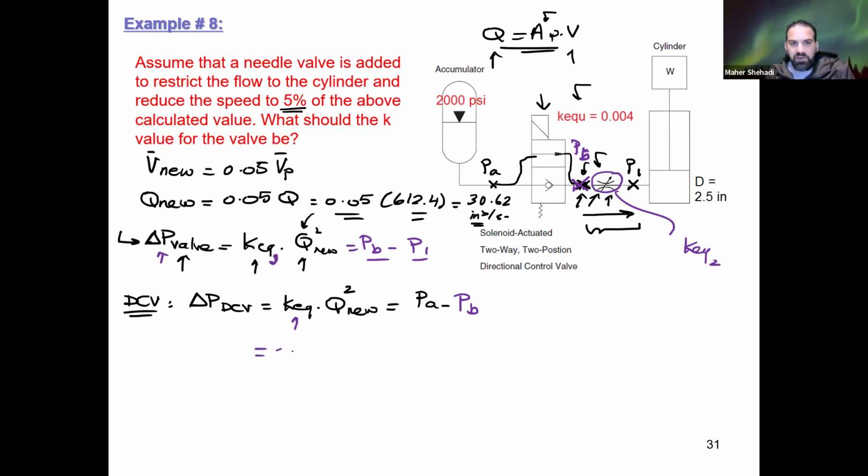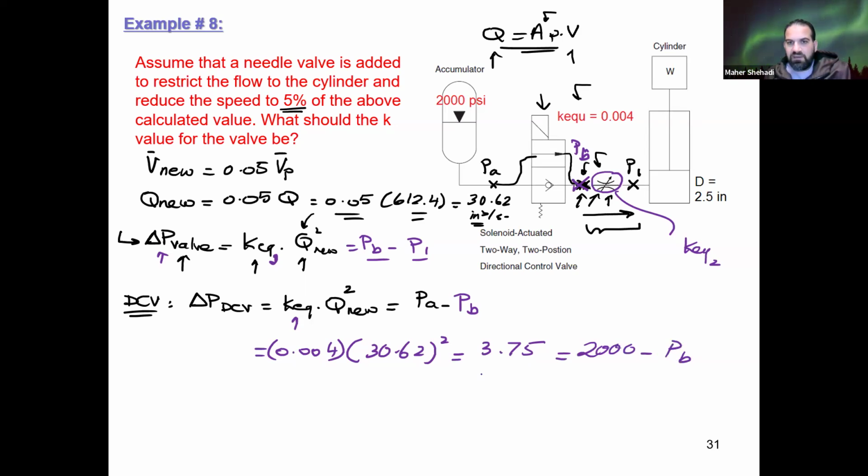So this would be 0.004 times my Q value 30.62 squared, and that will be 3.75. And that's equal to PA, which is 2000, minus PB. Therefore, PB is 1996.25 PSI.